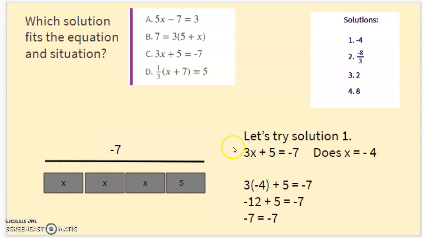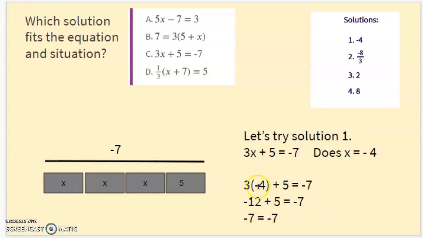Another way is to take the equation, 3x plus 5 equals -7, and put the -4 where the x is. So we can rewrite this equation, 3 times -4 plus 5 equals -7, and then we do some math.